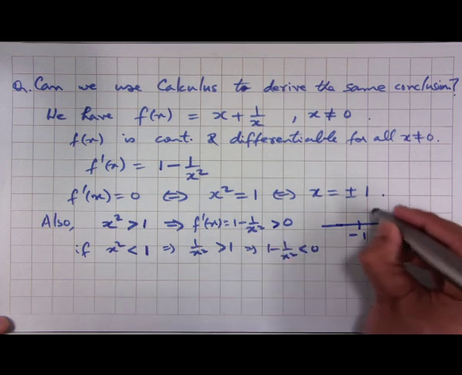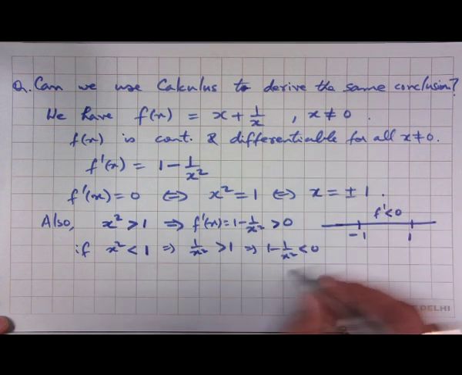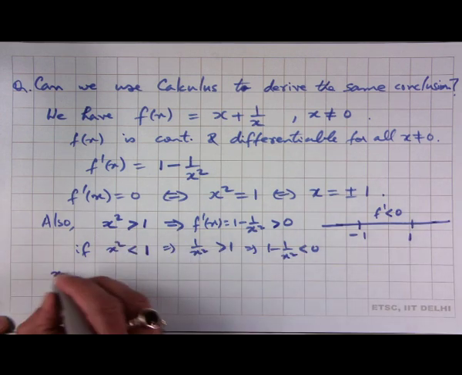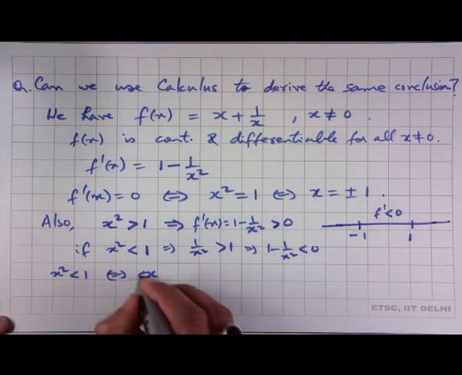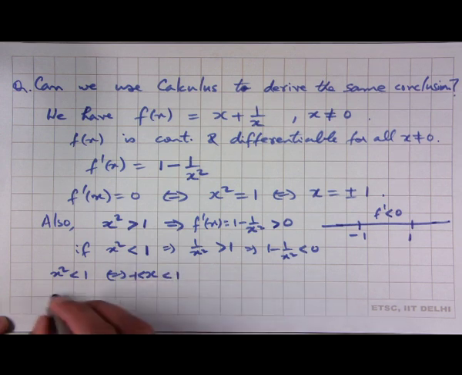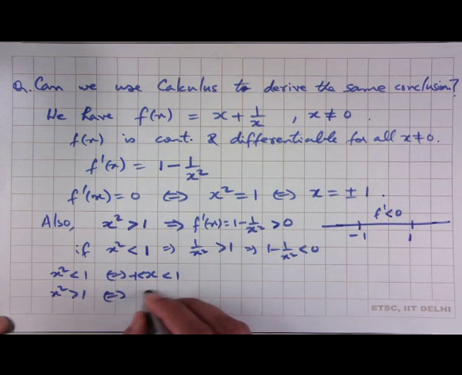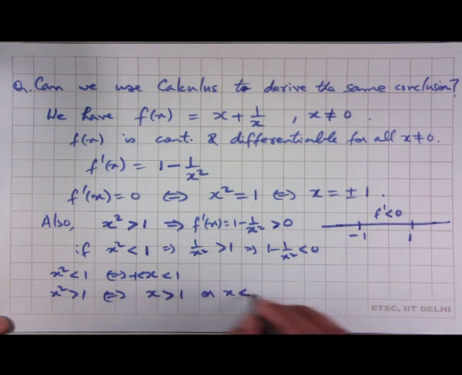So, f prime is negative here, and x square less than 1 is equivalent to x is between minus 1 and 1, and x square greater than 1 is equivalent to x is greater than 1 or x is less than minus 1.